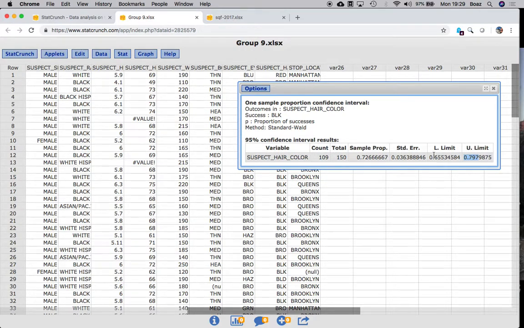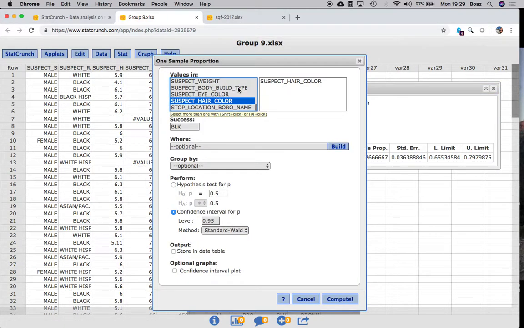And so we can get that it's between 65 and 80% of the population of all stops had black hair. And so we can do that for any proportion, just depending on what we want to call success and what we want to call failure. So we looked at the proportion of females, we looked at the proportion of people by race, and so you can easily set that up in each case there.